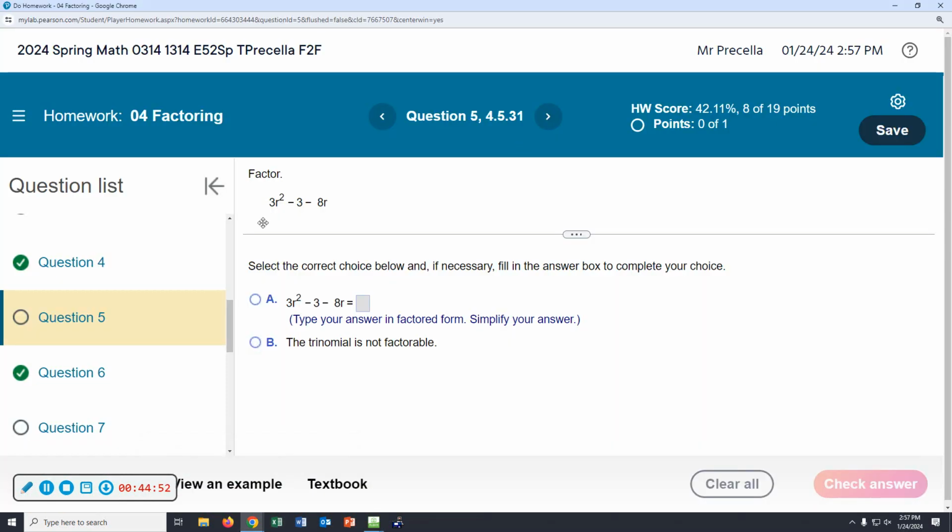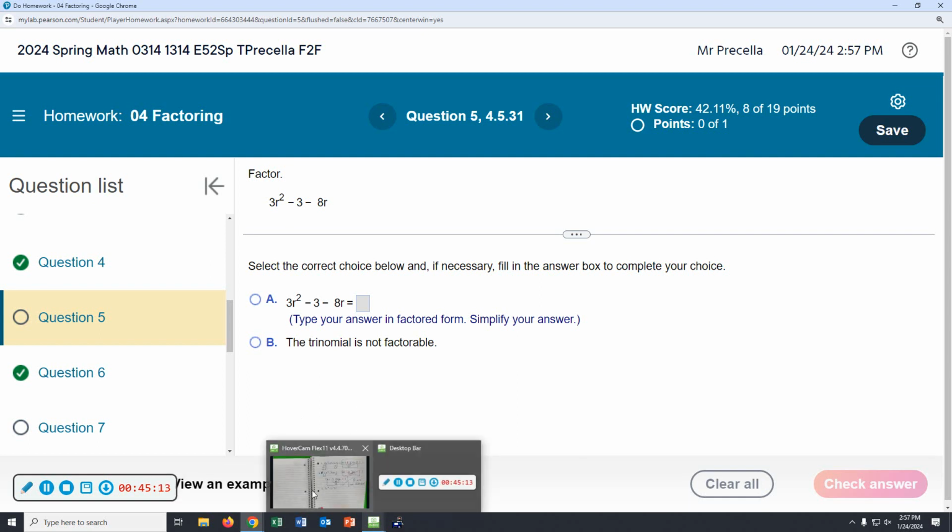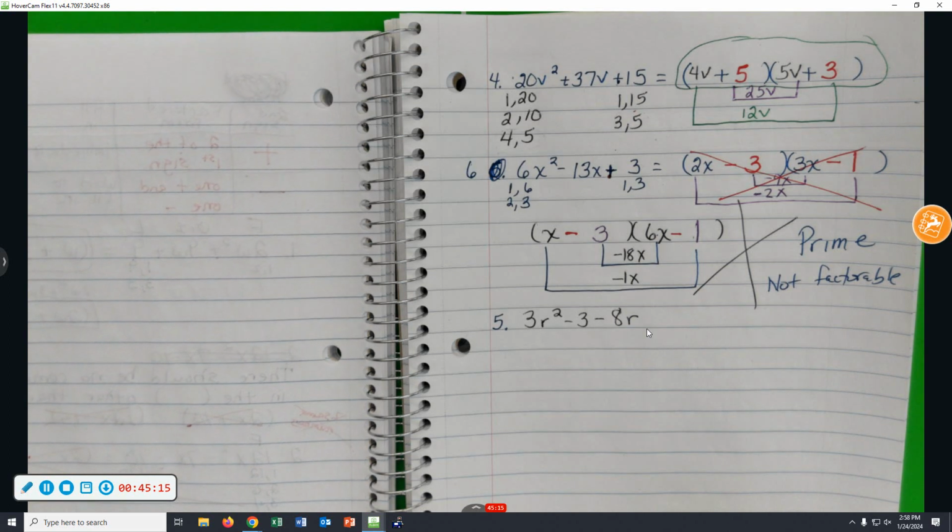Let's see. 3r squared minus 3 minus 8r. There's something I dislike about this problem, even other than the fact that it's an r and not an x.